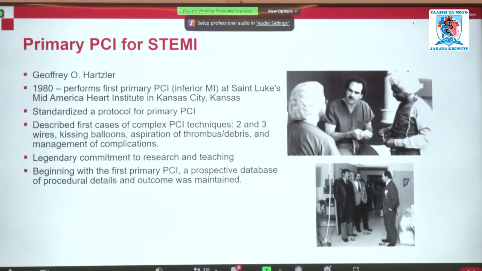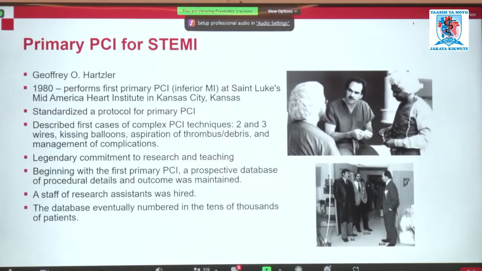He developed a prospective database to capture all the procedural details of every single patient he ever treated, and he documented every single outcome he ever had, good or bad. He hired an entire army of research assistants, and the database was eventually populated with patients numbering in the tens of thousands. This was important for many of the seminal observations in interventional cardiology and underlies many of the guideline recommendations that I've already gone through.